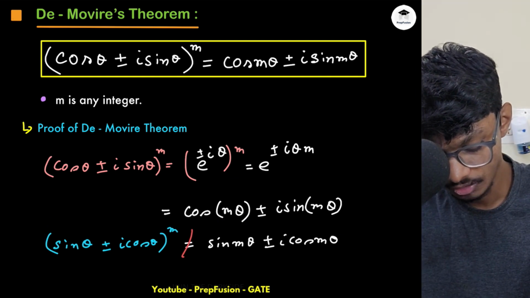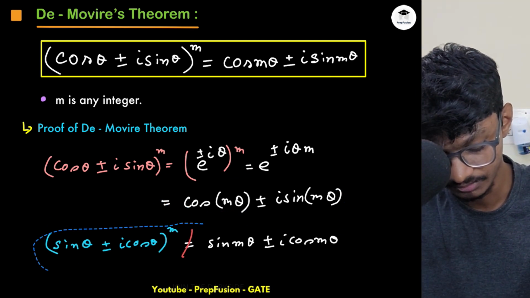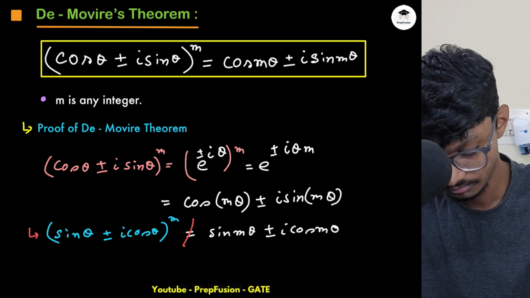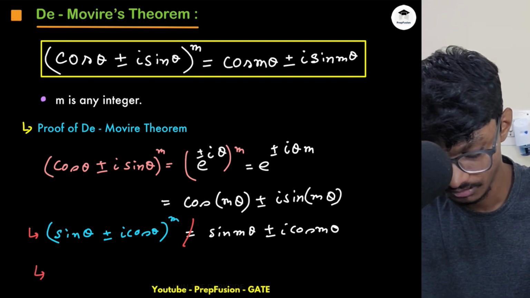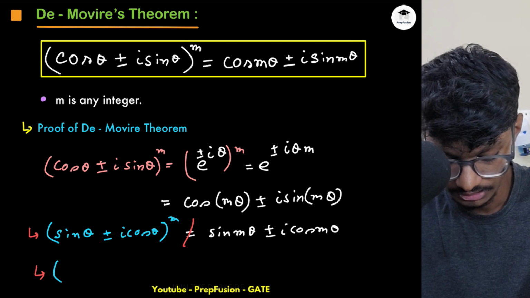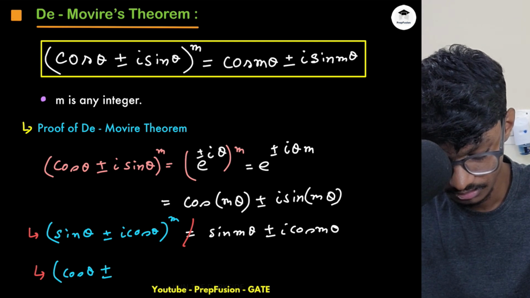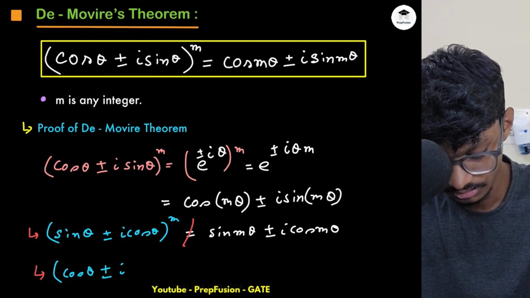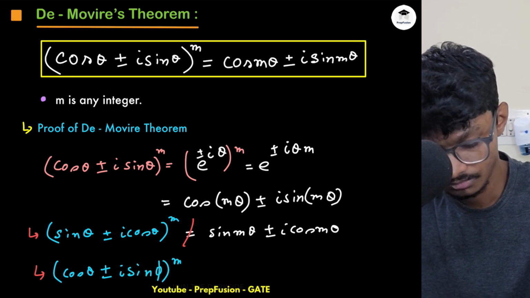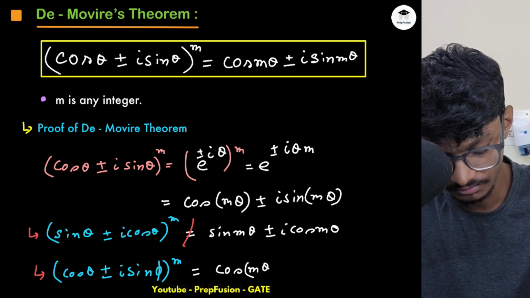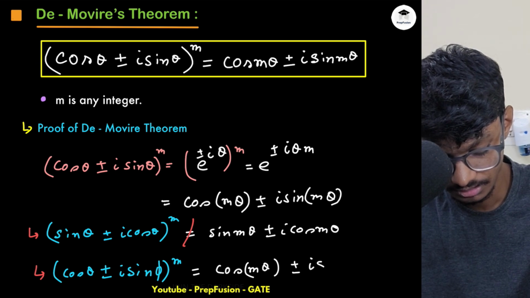What you can do is multiply and divide by i and take the help of that, but else you won't be able to do that. Another important point: if I have cos theta plus minus i sine phi raised to power m, can I write this as cos of m theta plus minus i sine of m phi?